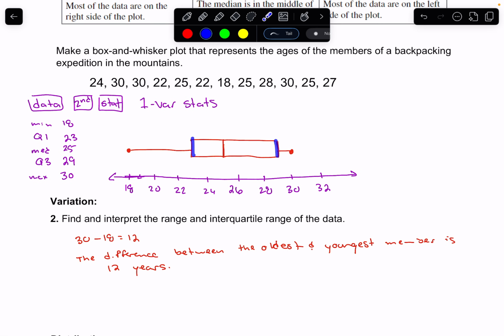You're looking at the range of the box, not the entire shape. So in this case, my upper quartile is 29. My lower quartile is 23. So 29 minus 23 is 6. So that means that 50% of the people, remember each of these boxes represents 50% of the people.